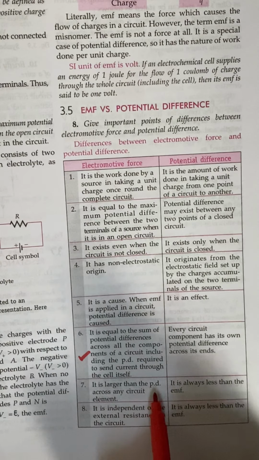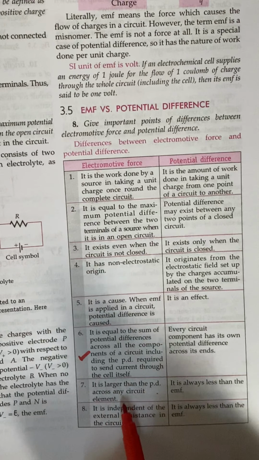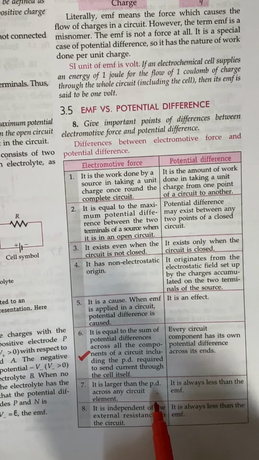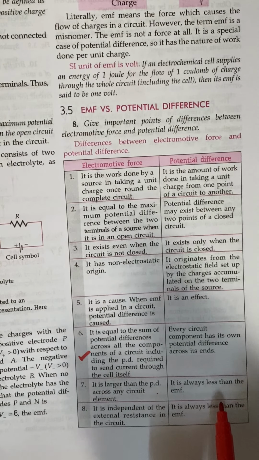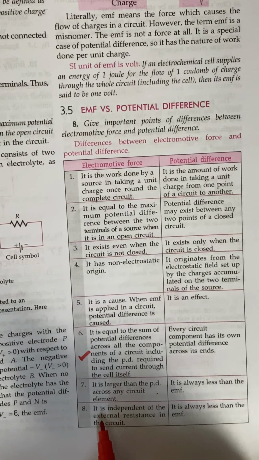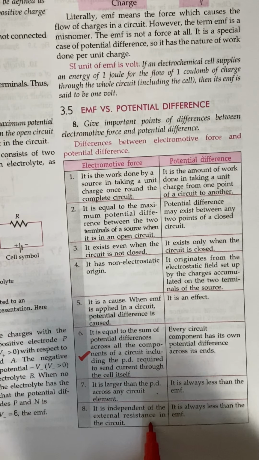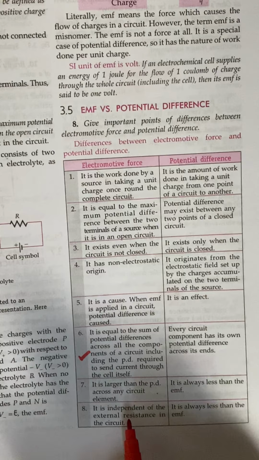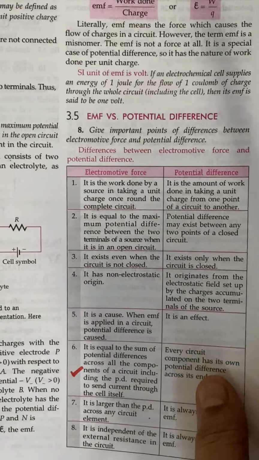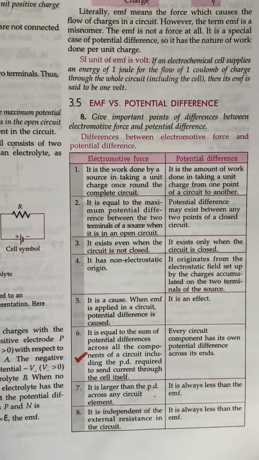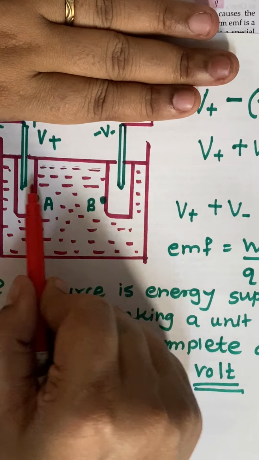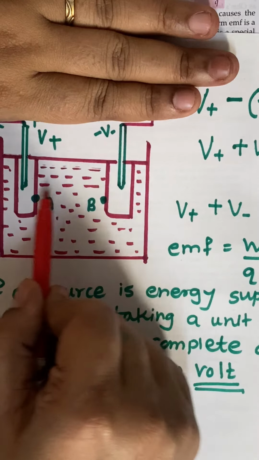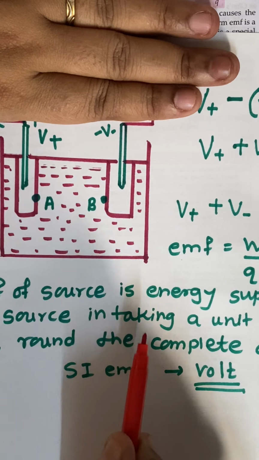Clearly it is larger than the potential difference across any circuit element. So EMF is always higher than the potential difference, and potential difference is always lesser than the EMF. Now this is independent of the external resistance, because if external resistance is not there, you can see in this diagram also, the terminal potential difference is created, or we can say that the EMF is existing, isn't it?